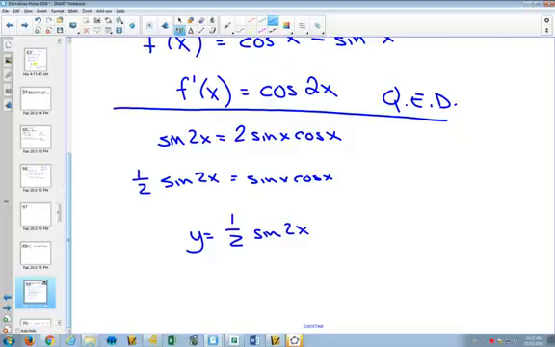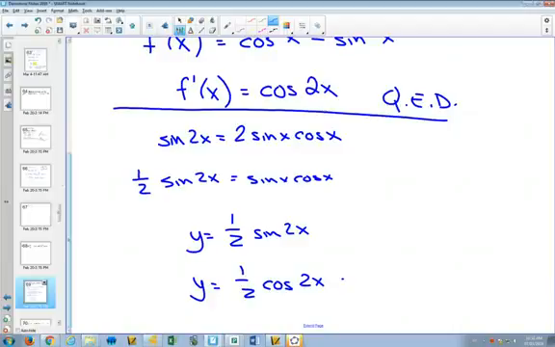Now to do the derivative of that, it's no longer a product rule, but a chain rule. My outside function is the sine, and inside of sine I have another function which is 2x. So how do I do a chain rule? Do the derivative of the outside first. The derivative of sine is cos. Keep the inside the same.